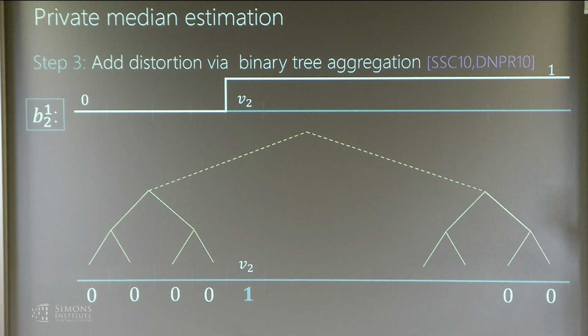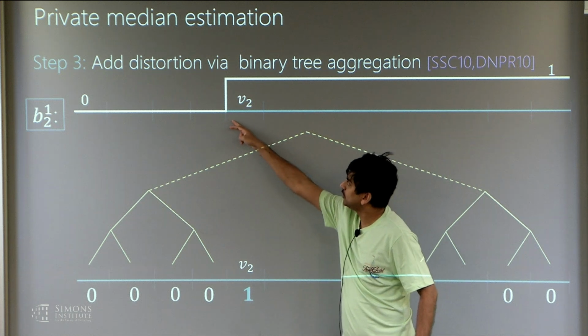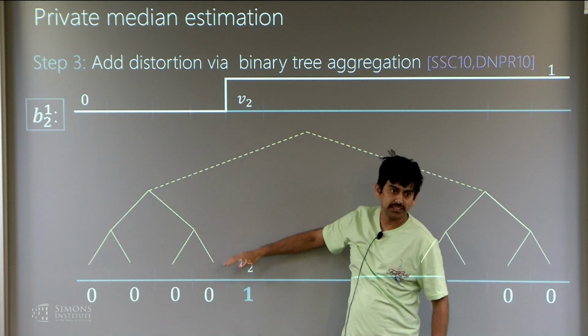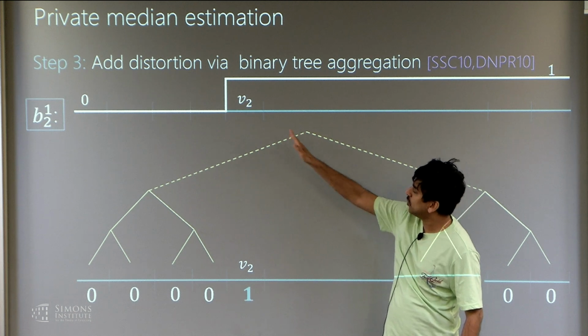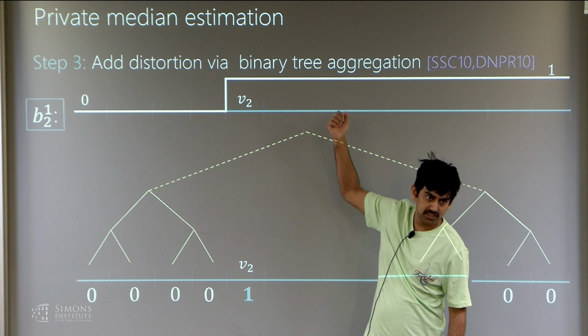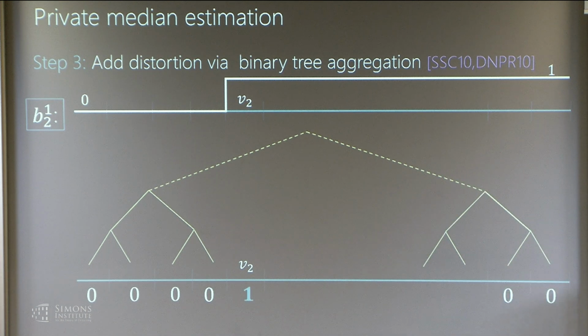Essentially, you see that this function changes from 0 to 1 in one place. So there's literally one bit of information here, and you use the binary tree aggregation to send out the prefix sums. So how much error do you incur by doing this?